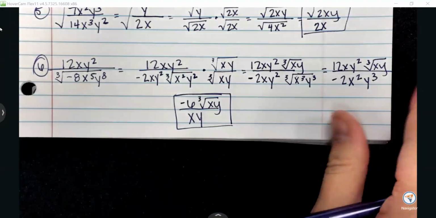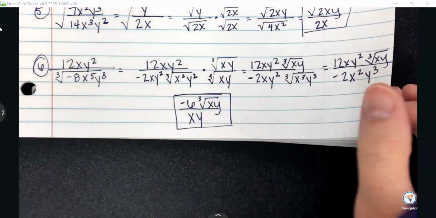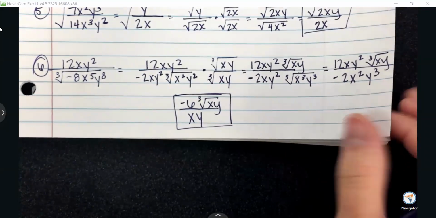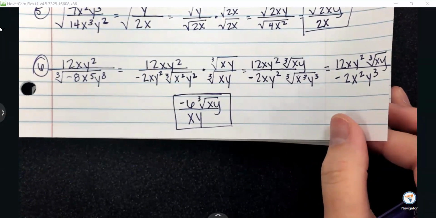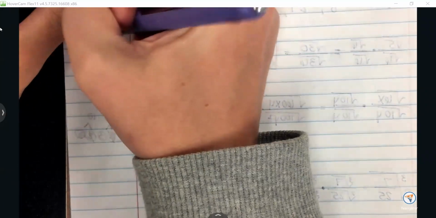Okay, let's go do the 5th root. It's not bad. I mean, it's an easy number. All right, so last problem, number 7. Here's my word of advice.